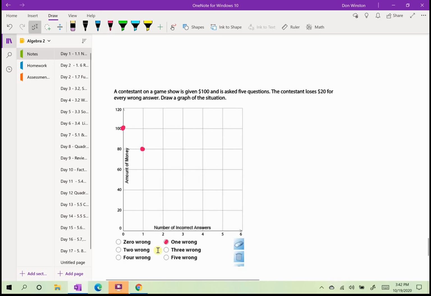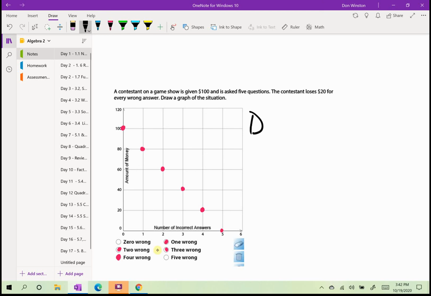Then you click on 2 wrong, and they have $60. Then 3 wrong, so now they would have $40. And then 4 wrong, that would be $20. And of course, if they got all 5 wrong, then they lost the entire 100. Draw a graph of this situation.